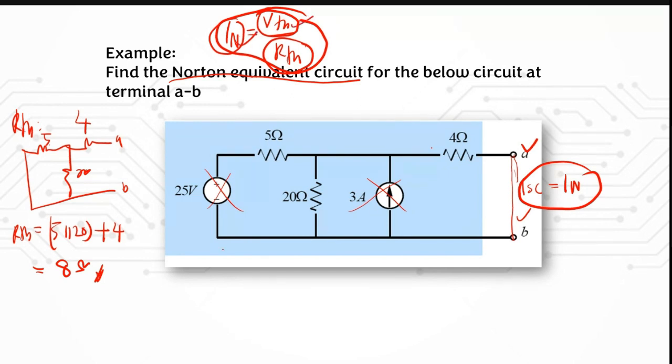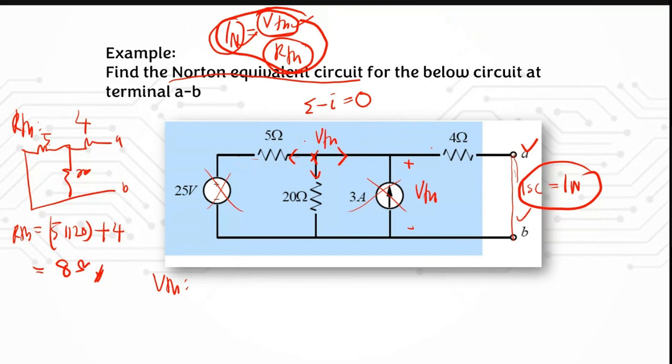Then to calculate VTH, you know that here is the node for VTH. So just draw the current directions here, all leaving the node. That means you have the total of negative current equal to 0, because there is no positive current here.